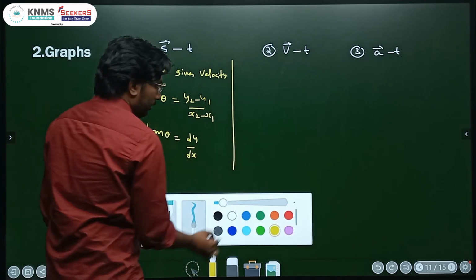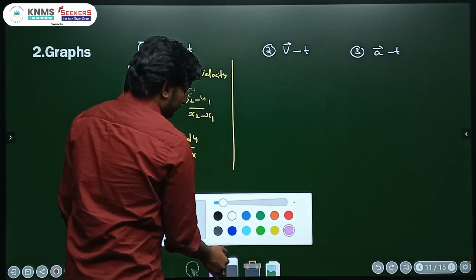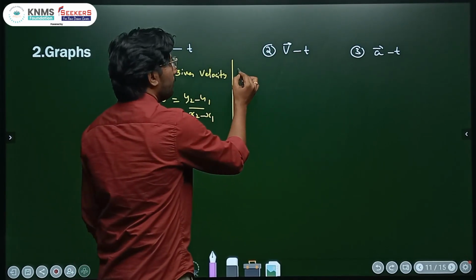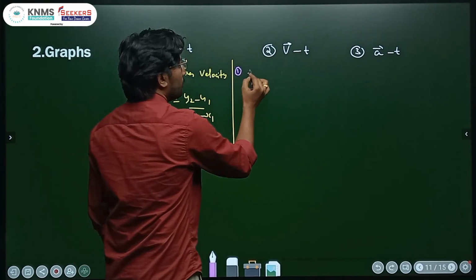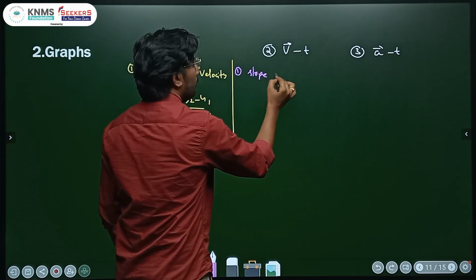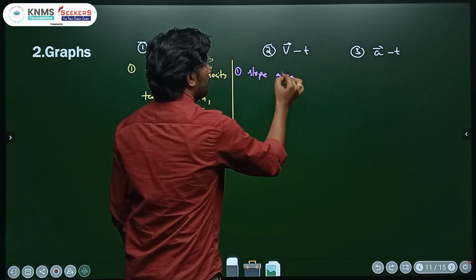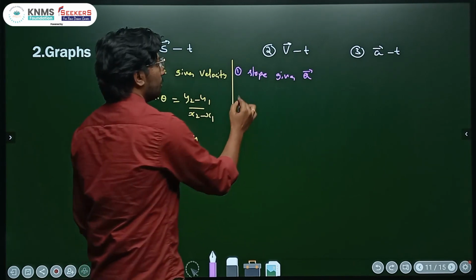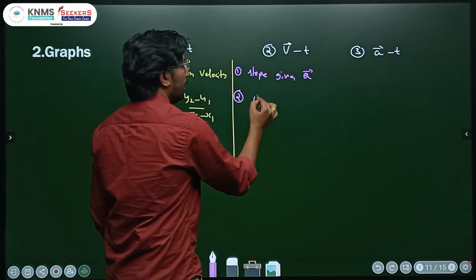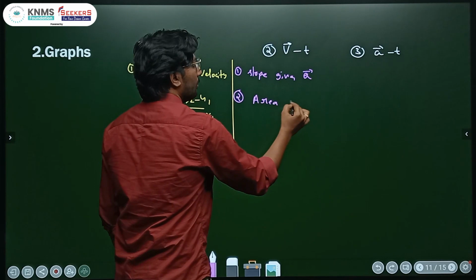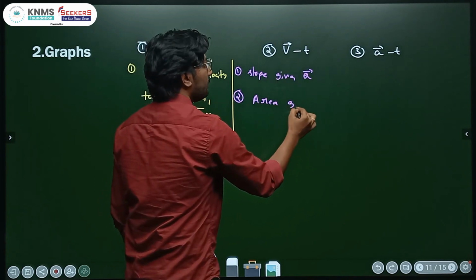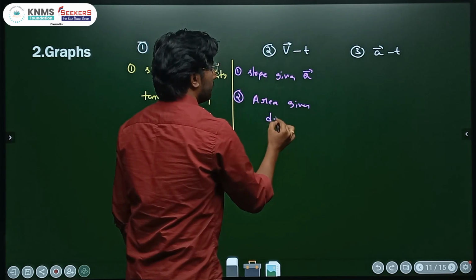On the other side, you have the velocity time graph. In the velocity time graph, the slope gives acceleration, and also the area under the VT graph, or velocity time graph, gives displacement.